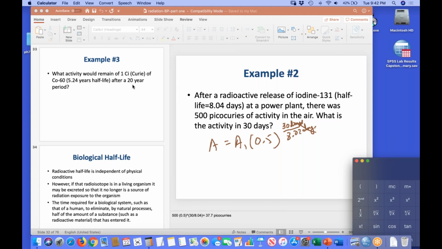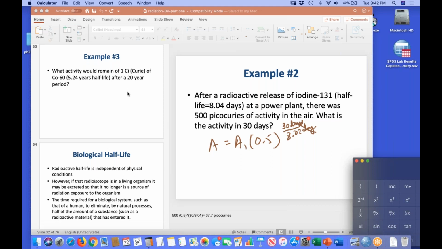5.24 half-life after a 20-year period. So maybe this is like some cobalt that you use in a medical device or something like that. So you want to know after 20 years how much of this material remains. Okay, so we're going to use the same formula. Let me get my pen here.